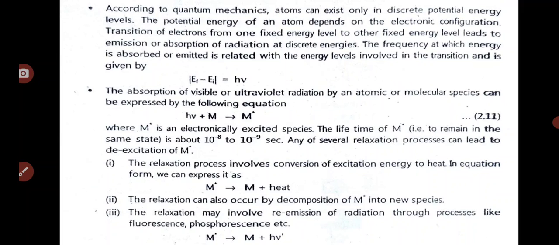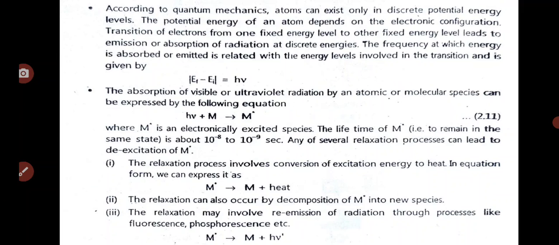The lifetime of M star is about 10 to the power minus 8 to 10 to the power minus 9 second, and several relaxation processes can lead to the de-excitation of M star. This relaxation involves the conversion of the excitation energy, given by M star gives M plus heat, where M star is the electronically excited species and M remains in the same state.